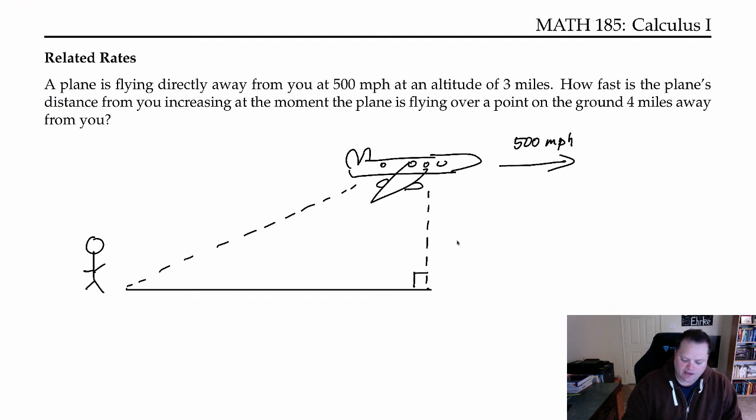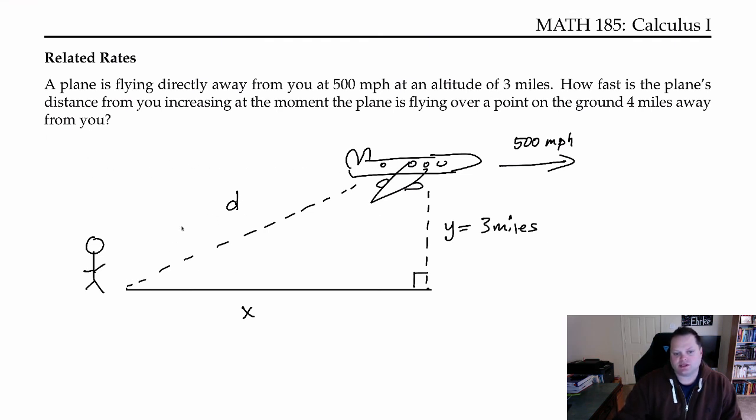The idea here is, I'll call this distance x, I'll call this distance y, and I'll just call this one d for distance. So d is the distance to the plane, which is what we want to figure out. y is the vertical height. They tell us it's an altitude of 3 miles. So that part's not changing. The altitude of the plane, I'm assuming, is not changing.